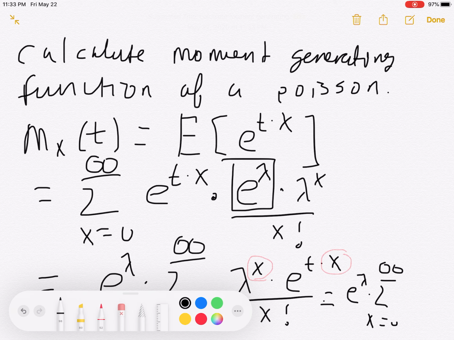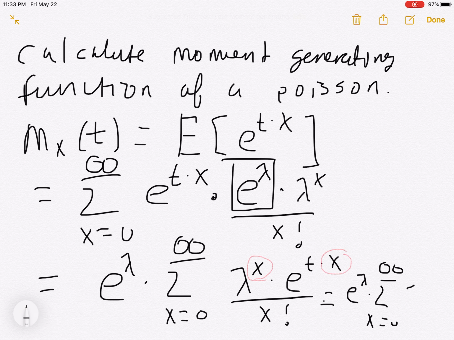By rules of exponents, I can write lambda times e to the t, all raised to the x power, divided by x factorial.